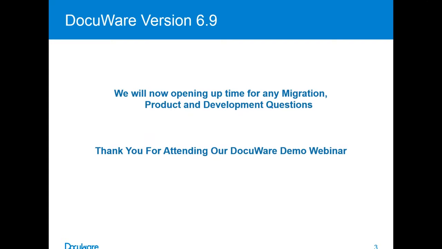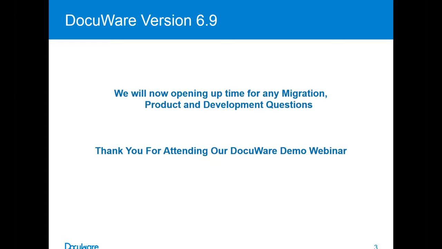Yeah, and what we've recently done is aligned the Fortis version numbers with the DocuWare version numbers. We just released Fortis version 6.9, and it's got some tools in there to do the migration to DocuWare.